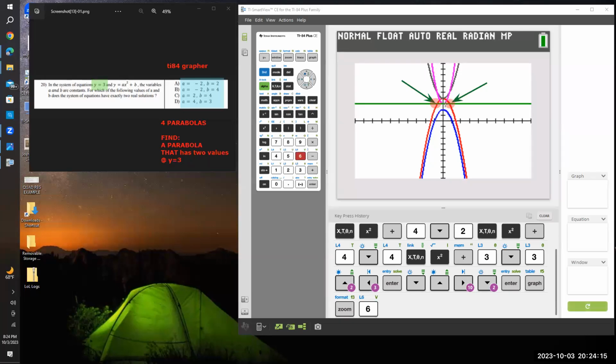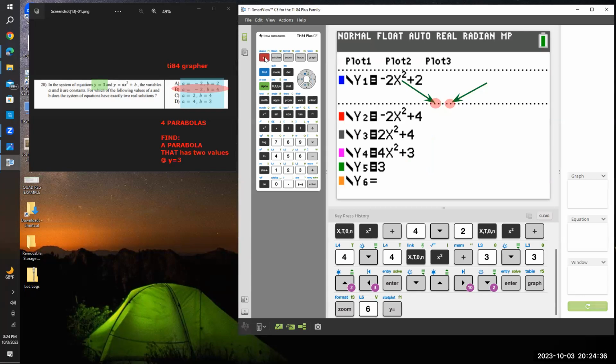The raspberry one touches down like a ballpoint pen to paper, but then goes back up. And you can see the blue one never reaches, has no relationship to the line y equals 3. So it looks like that's the second one, and I'll just confirm that with the graphing calculator here. Yeah, the red one is the correct one.